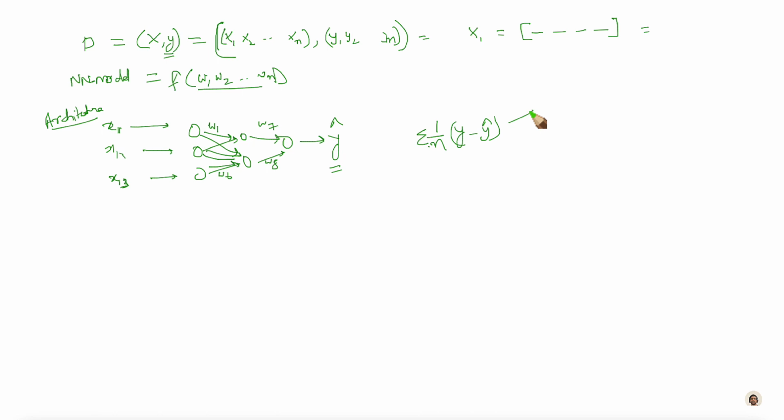This is one type of cost function, the mean square error cost function. Once we construct an objective function, we are limiting the values of w's.